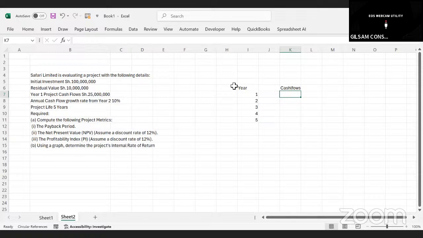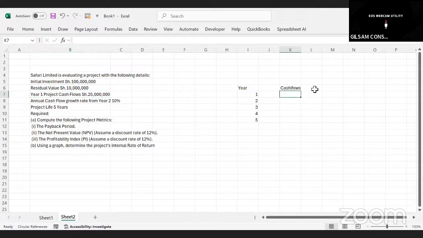So let us say year 1 is 0, year 2, what do we need? We were told the year 1 projected cash flow is how much? 25 million.